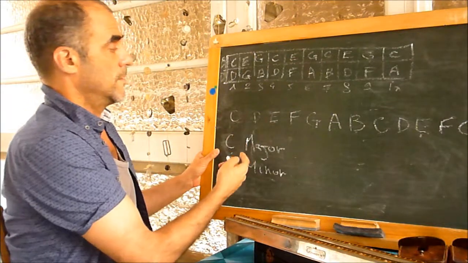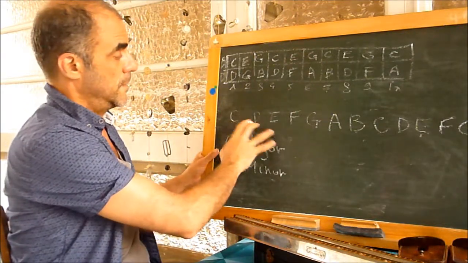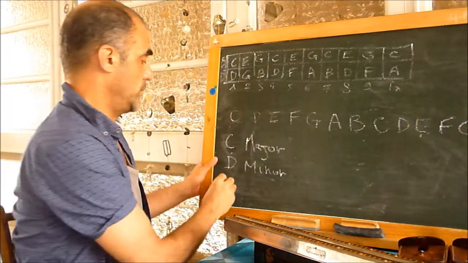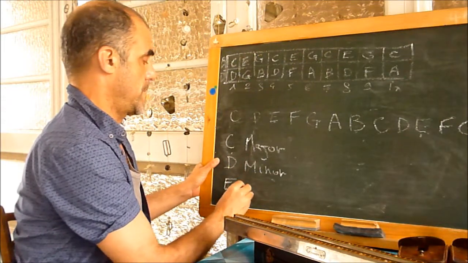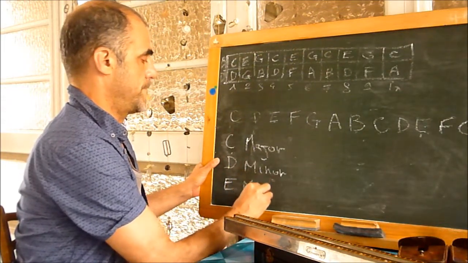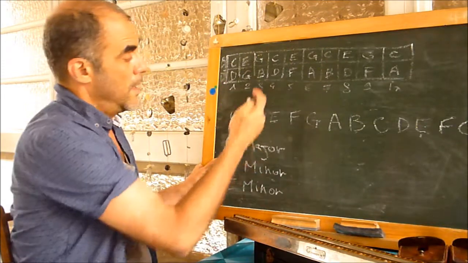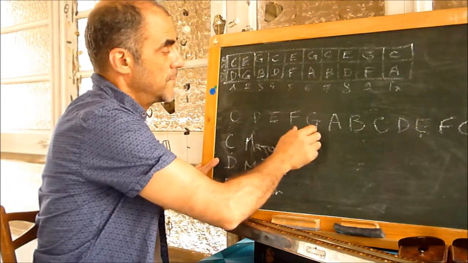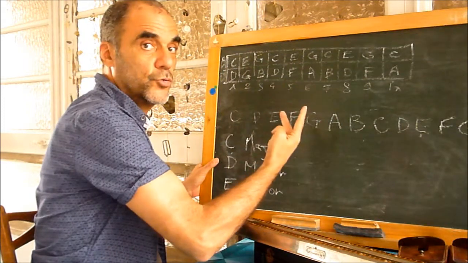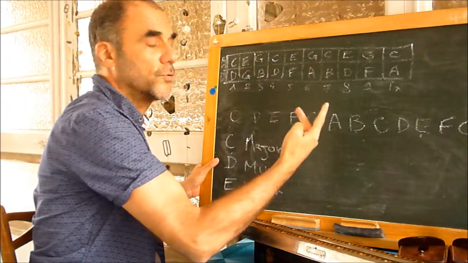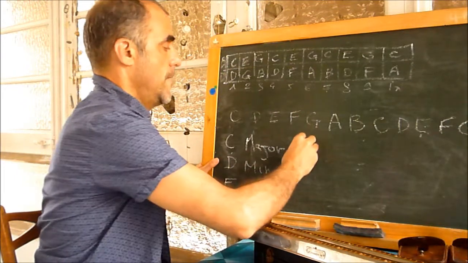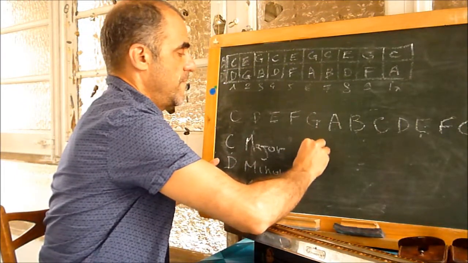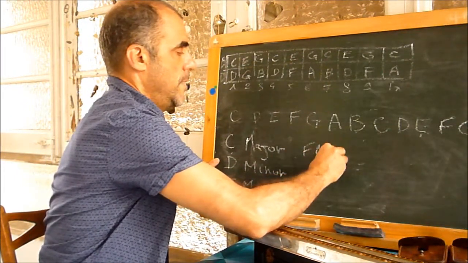The third one, Phrygian, it's called, and it's a minor one too. The fourth one, if we begin with the F: F, G, A, two whole tones, so it's major. F major.